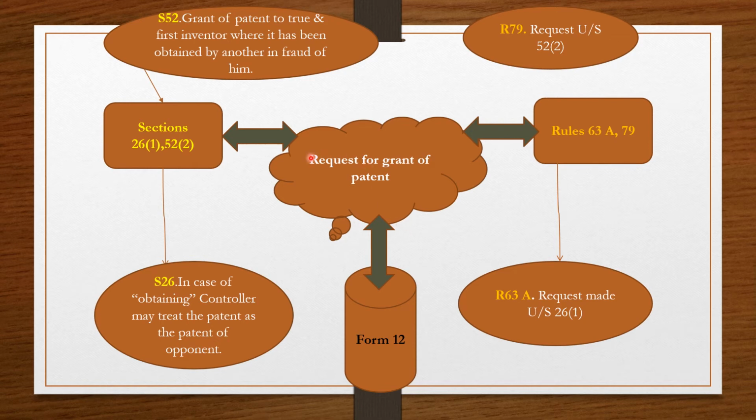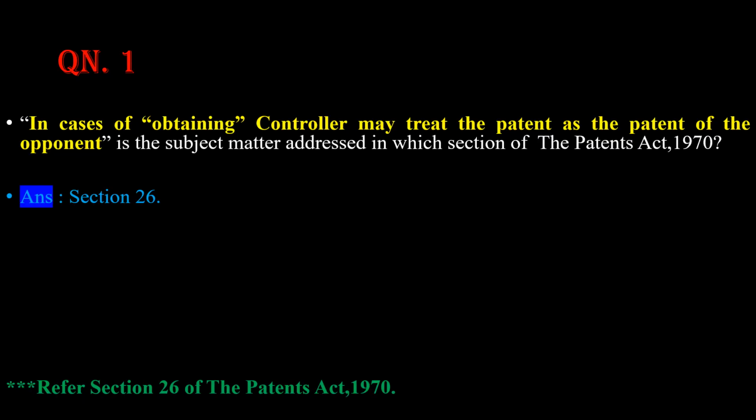The keyword here is the grant of patent, and we have discussed the conditions and requirements needed to establish the relation between these three, and this is done in form 12. Okay, so next we can go to the next form.